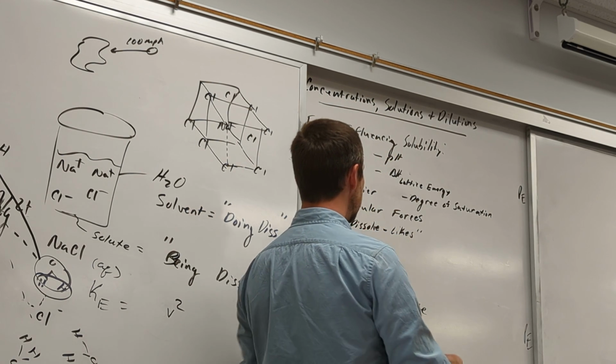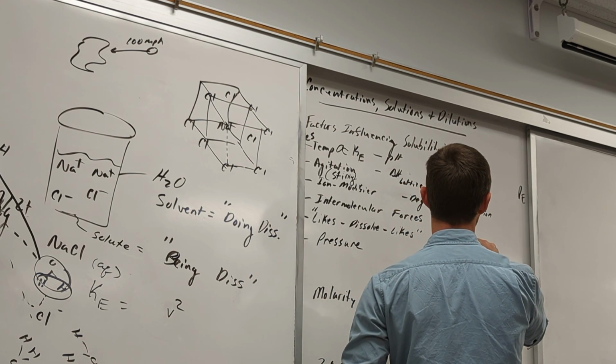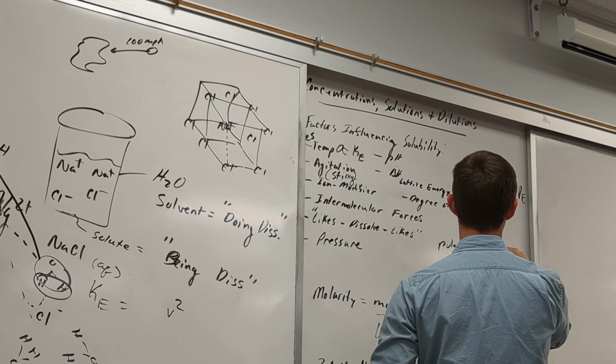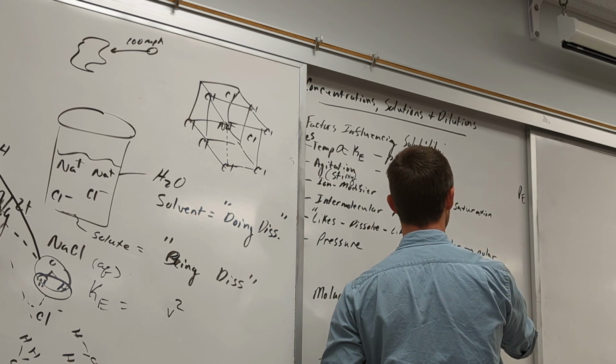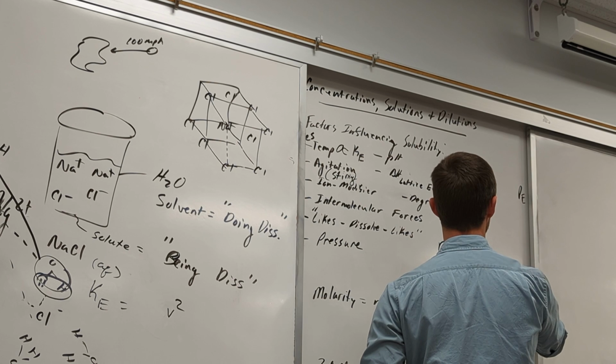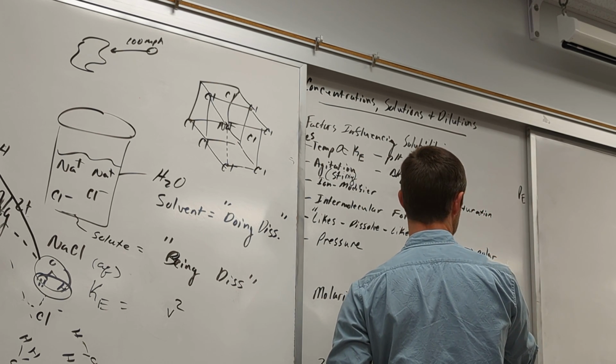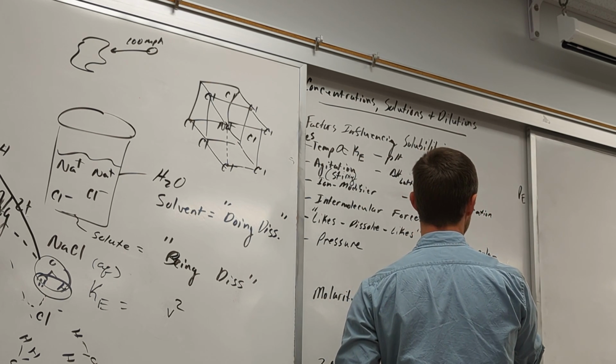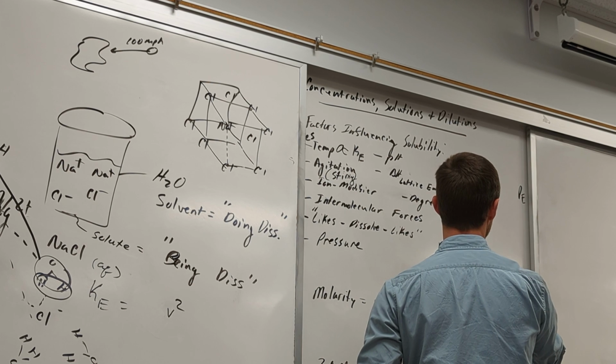Likes dissolve likes: polar dissolves polar, non-polar dissolves non-polar. What dissolves ionic? Ionic? Yeah, could be, but if you didn't have an ionic solution, polar. Because ionic is just an extreme version of polar, right?